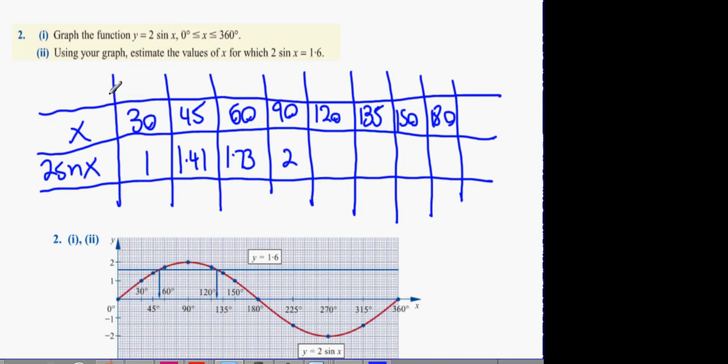Oh sorry, I forgot 0. 0 is 0. 120 is 1.73. 135 is 1.41. Oh, it's symmetrical, isn't it? So that'll be 1 and that one will be 0.